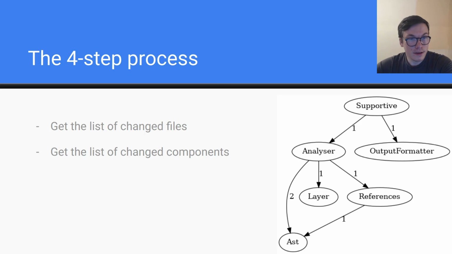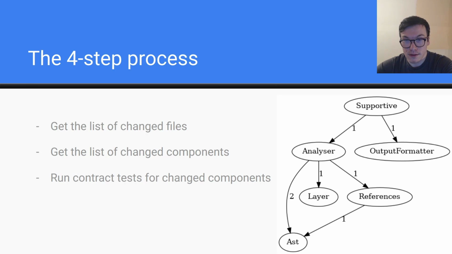With this list of files, you just need to get the list of changed components from it, right? So I need to have some mapping from files to components. Well, if I have that, then I know what components have changed, for example the layer, and I know I need to run all the tests for my layer component.